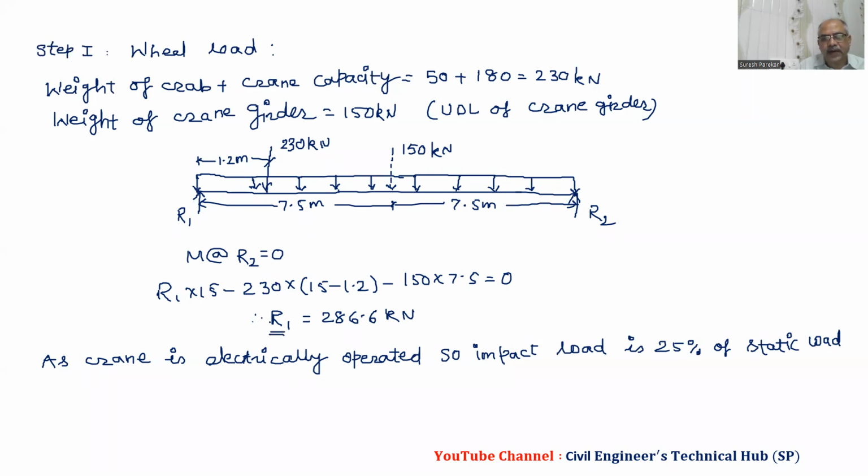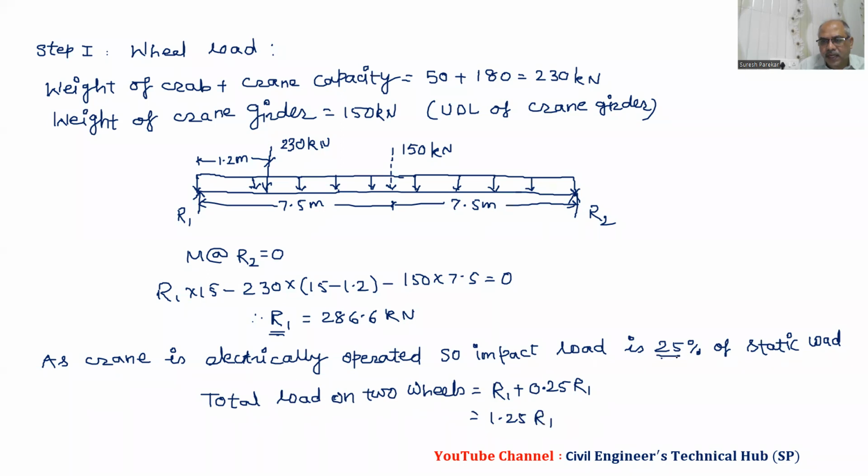We are interested in finding the wheel load. So this is the total load on two wheels, and that is equal to R1 plus 25% of R1, which is 1.25 R1.